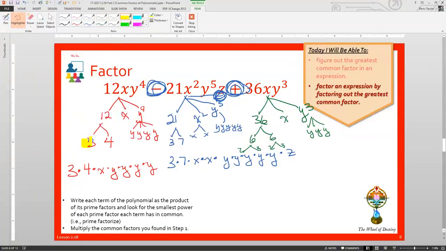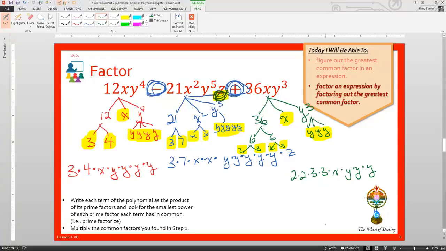I probably should highlight these factors here, just so you know where they're coming from and you don't think that I'm pulling something over on you, because I would never do that. Not on purpose. So this is now, we break this down as 2 times 2 times 3 times 3 times x times y times y times y. Okay, done with the prime factorization.